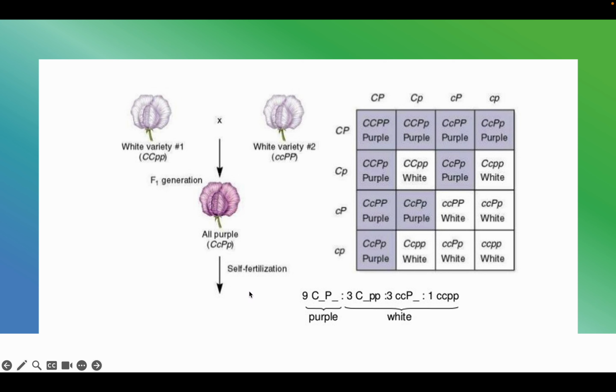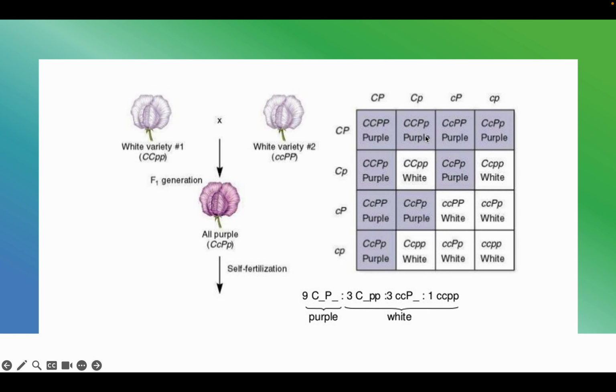When there is self-fertilization of the F1 generation, the offspring need to have both genes in homozygous dominant or heterozygous condition to produce the purple flower.